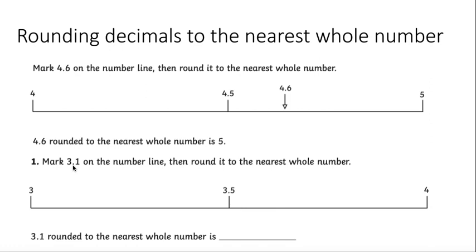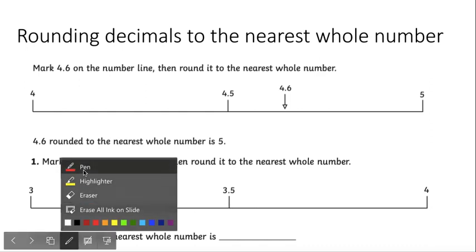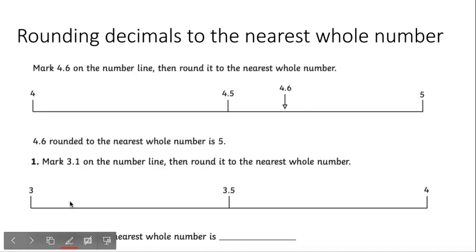Well, 3.1 is between 3 and 4. Halfway between would be 3.5. So I can imagine 3.1, 3.2, 3.3, 3.4, 3.5, 3.6, 3.7, 3.8, 3.9, 4. So it'd be about here.